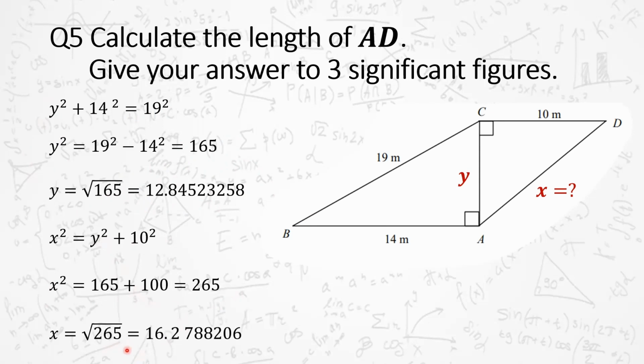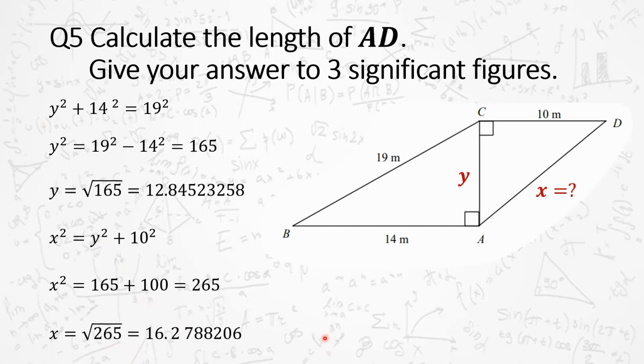So the length of AD is x equals square root of 265 equals 16.2788206. Give your answer to 3 significant figures we were asked to do. Again, do check out my video on rounding if you're not sure of the difference between decimal places and significant figures.